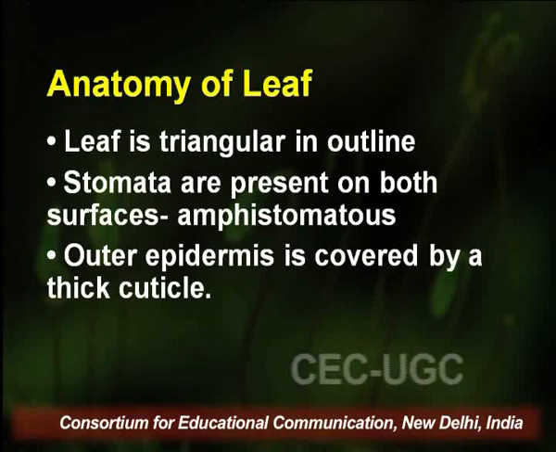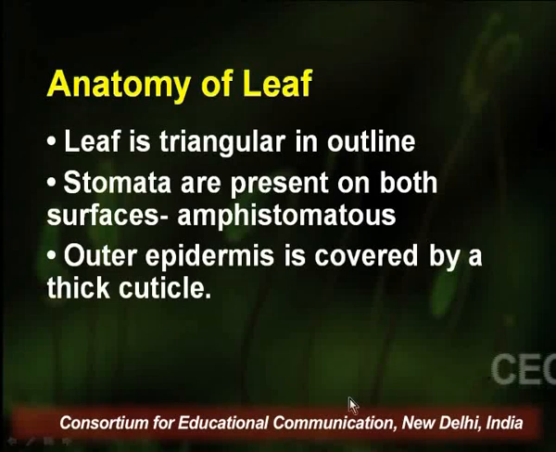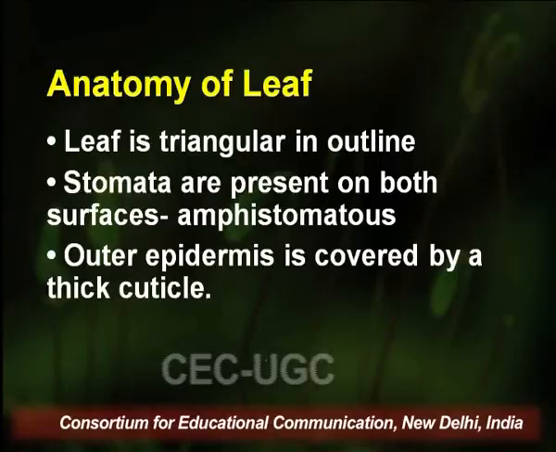In some species, the stomata are present on both the surfaces, and such conditions are called amphistomatose condition, whereas those conditions where stomata are present on only one surface are termed unistomatose conditions. The outer epidermis is covered by a thick cuticle which prevents desiccation because of the direct exposure to dry atmosphere.